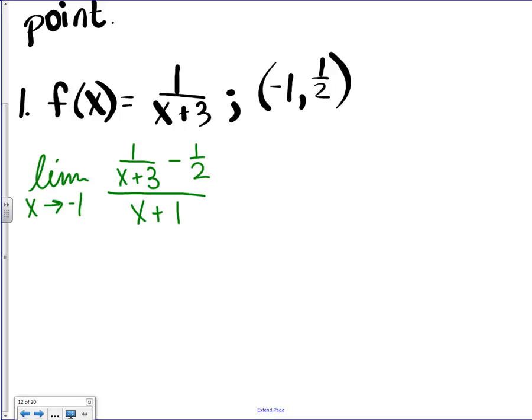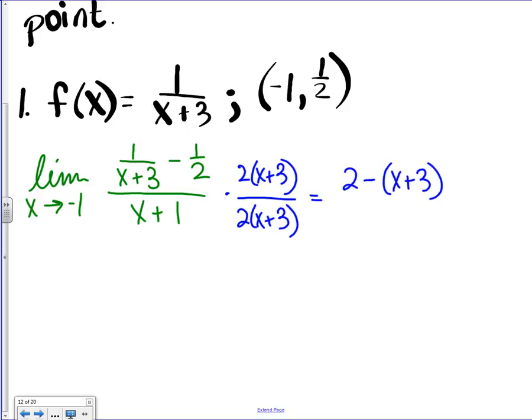You will notice here that we've got fractions within fractions. Pretty ugly. So we are going to go ahead and multiply on the top and bottom to eliminate the fraction within a fraction up top. And it will look something like this. Combine your like terms.